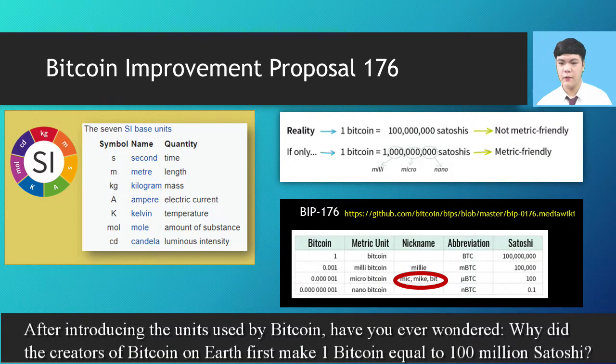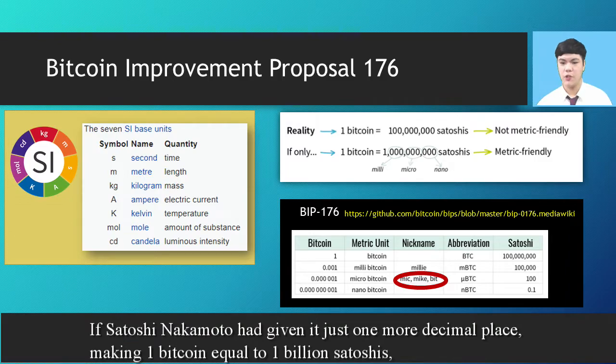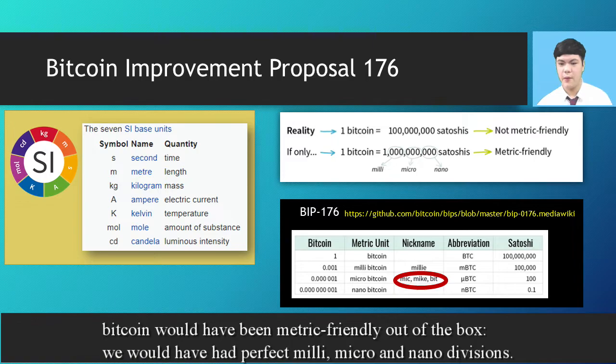After introducing the units used by Bitcoin, have you ever wondered why the creators of Bitcoin first made 1 Bitcoin equal to 100 million Satoshi? If Satoshi Nakamoto had given it just one more decimal place, making 1 Bitcoin equal to 1 billion Satoshis, Bitcoin would have been metric friendly out of the box.